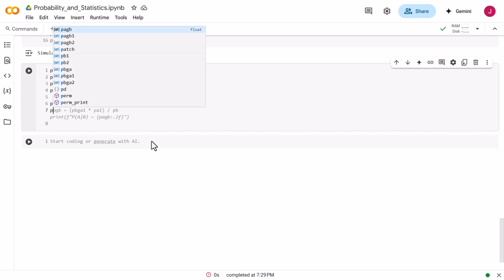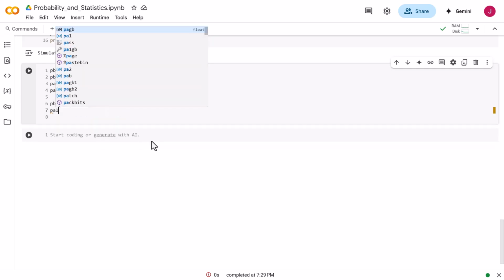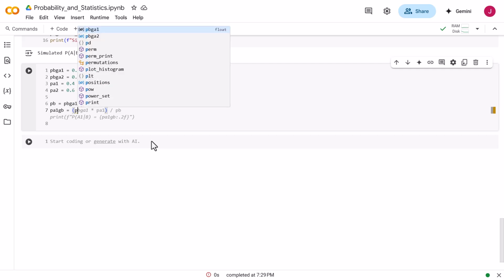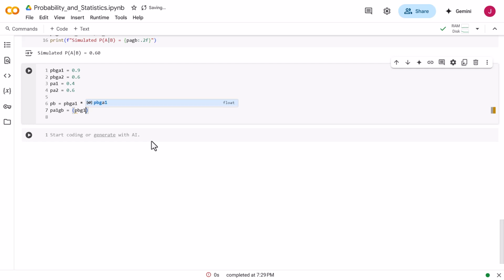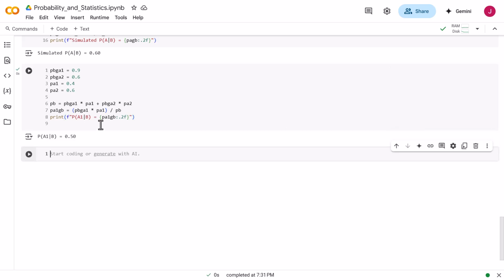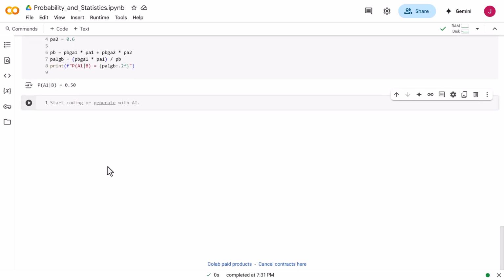Next, we go for probability of A1 given B, which is equal to probability of B given A1 multiply probability of A1 divided by probability of B, and then we print it, right? We print probability of A1 given B. So it is 50%.